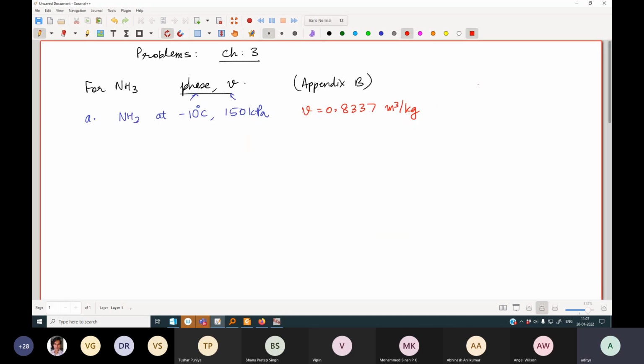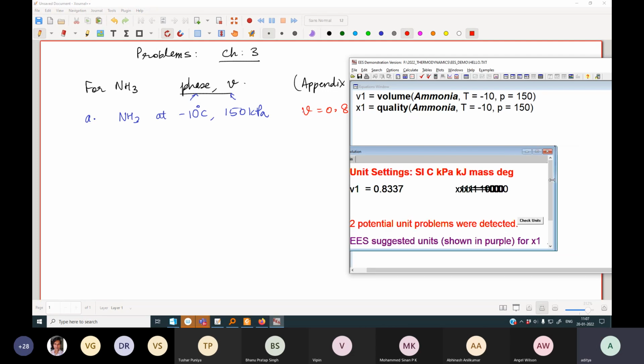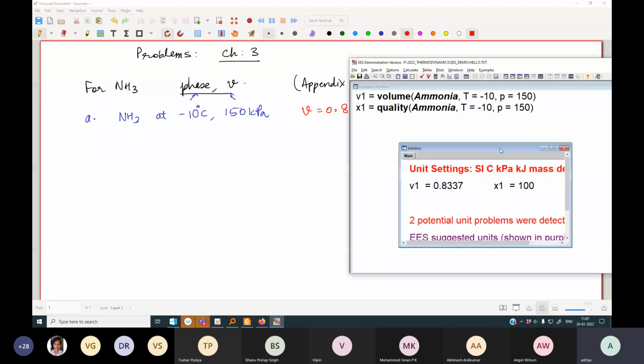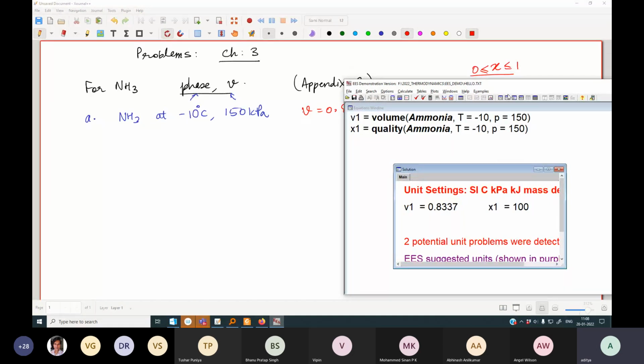We know that quality is bounded between 0 and 1, but if we want to fetch the quality for such a case, obviously the computer has to give some indication whether it is between 0 and 1, or is it superheated vapor or subcooled liquid. So when it is superheated vapor, it will return a quality of 100. When it is a subcooled liquid, it will return a quality of minus 100.